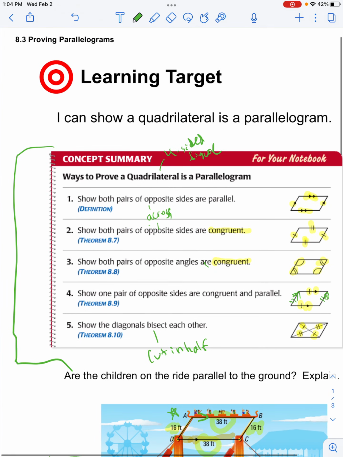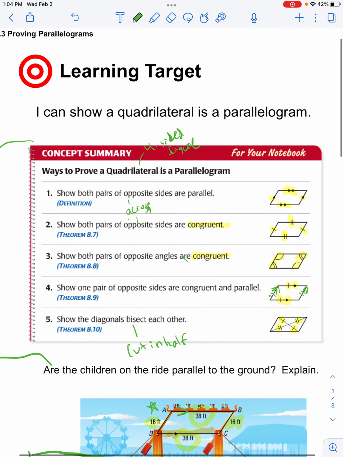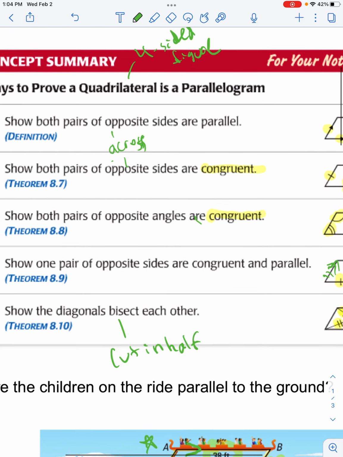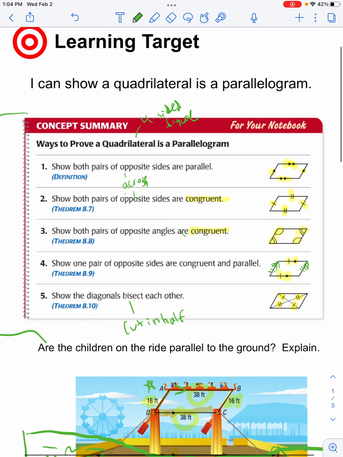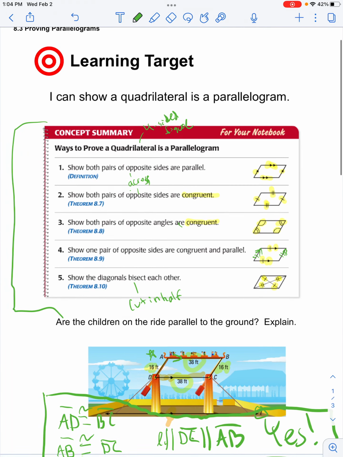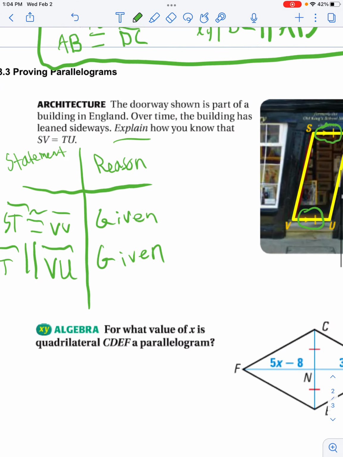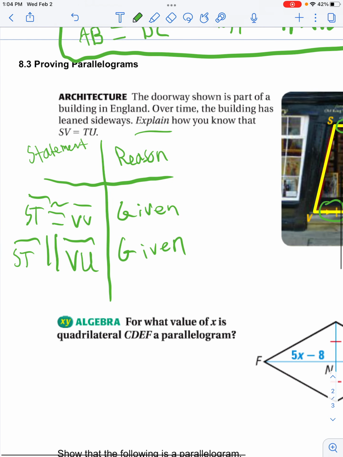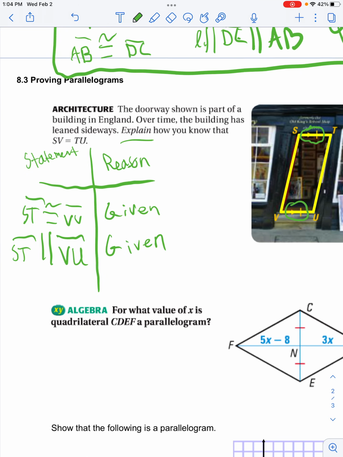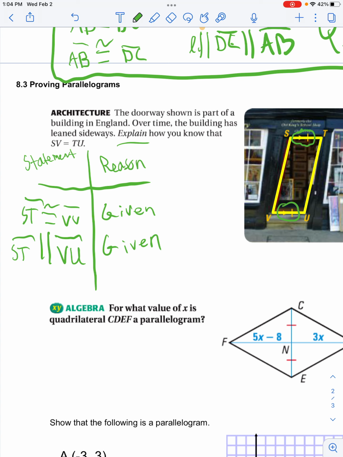And then if we look up here, we could say that theorem 8.9, number 4, shows one pair of opposite sides are congruent and parallel. So then we could say that this is a parallelogram.